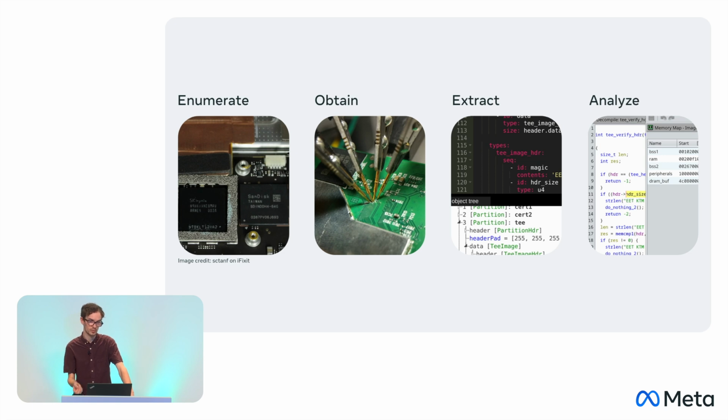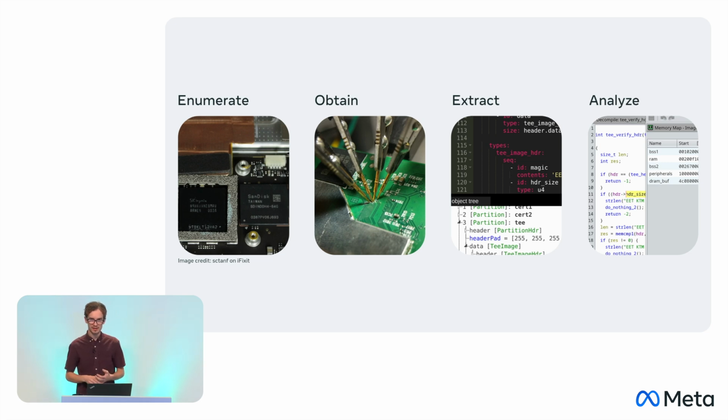Once you've chosen the firmware, you get to obtain. You need to figure out the location that that firmware actually lives and get a copy of it, because without a copy of it, you can't really analyze it and figure out what it does. The next 2, extract and analyze, we're going to cover in the next video. And I'll talk about them in more detail there, but basically, once you have the firmware image, it's usually not in a standard format like an ELF or a PE binary.